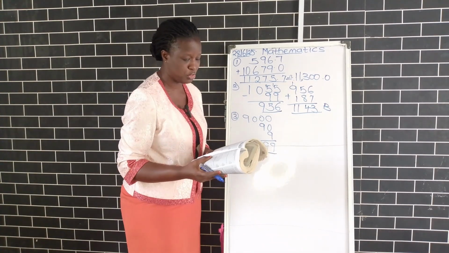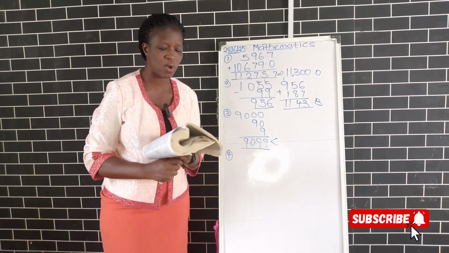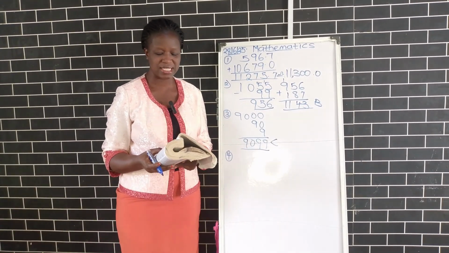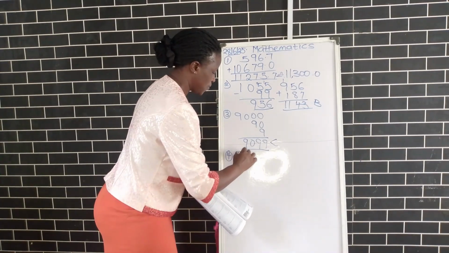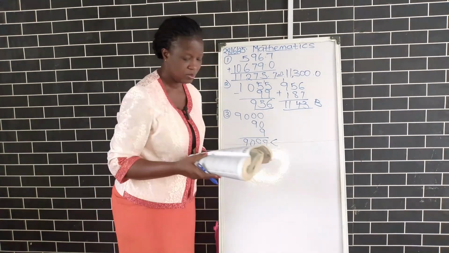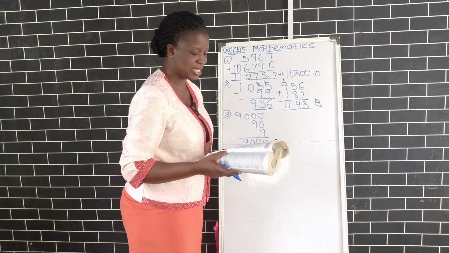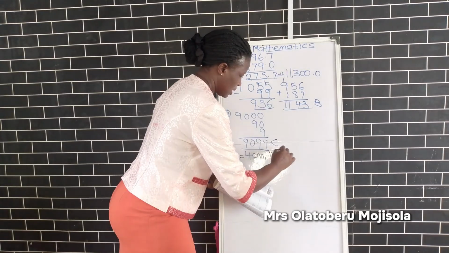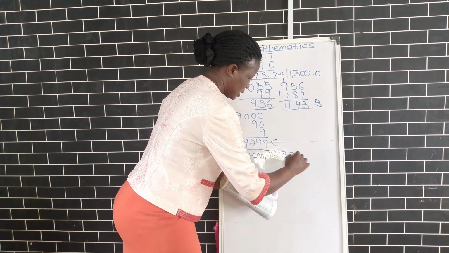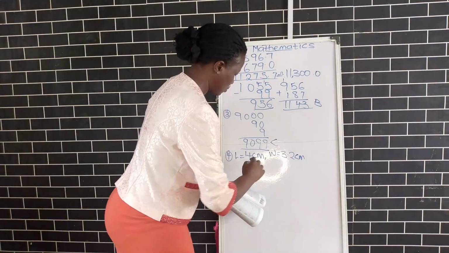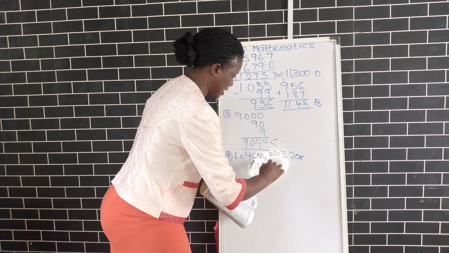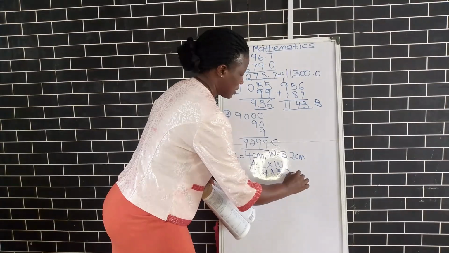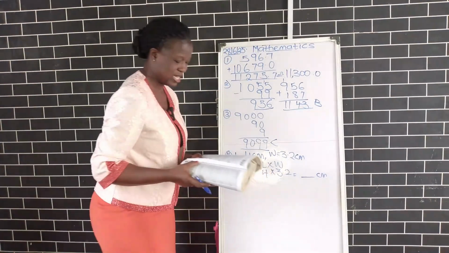And we have it as option C. To number 4 question, what is the area of a rectangle which is 4 centimeters long, and 3.2 centimeters, the width is what? 3.2 centimeters. So what is our formula to do this? Area is equal to length times W. That will be 4 multiplied by 3.2. Whatever answer you get is your final answer.